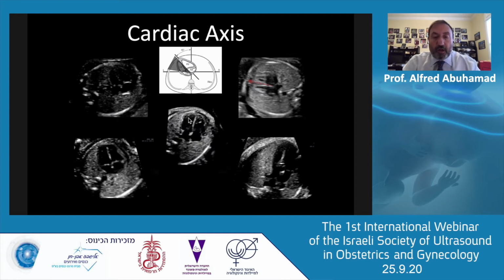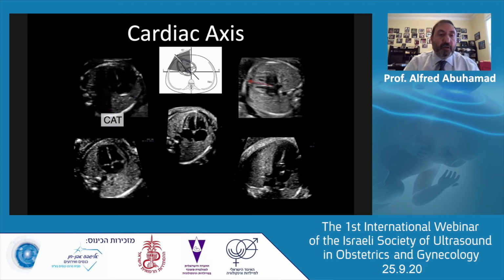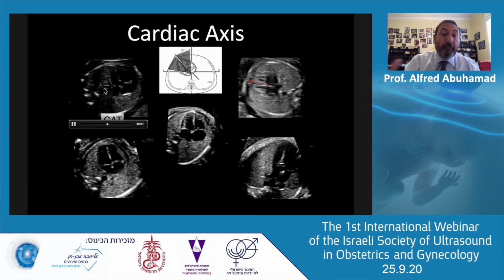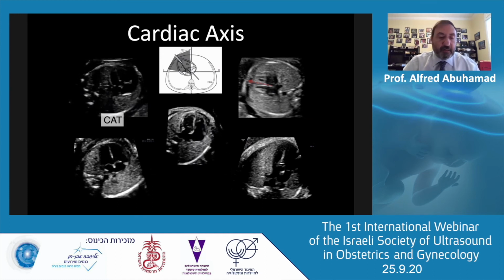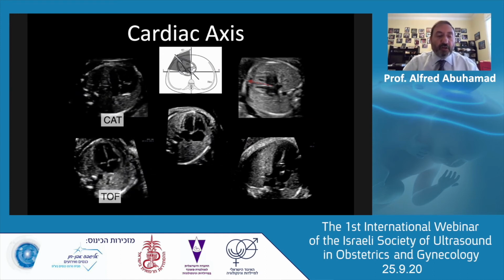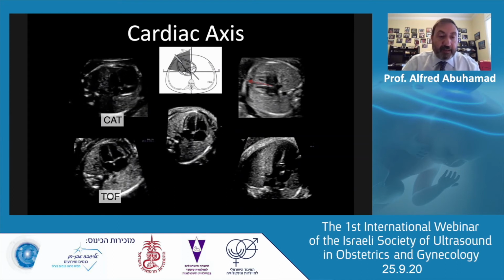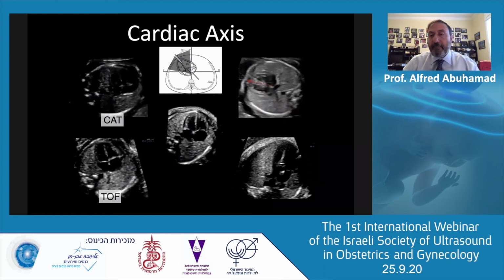So the normal cardiac axis, as you see here, is about 45 degrees. You know that the cardiac axis could be abnormal in cases of common arterial trunk. You see that it's almost 90 degrees in more than half of fetuses. In cases of tetralogy of Fallot, there will be significant left axis deviation in about 30% of cases.